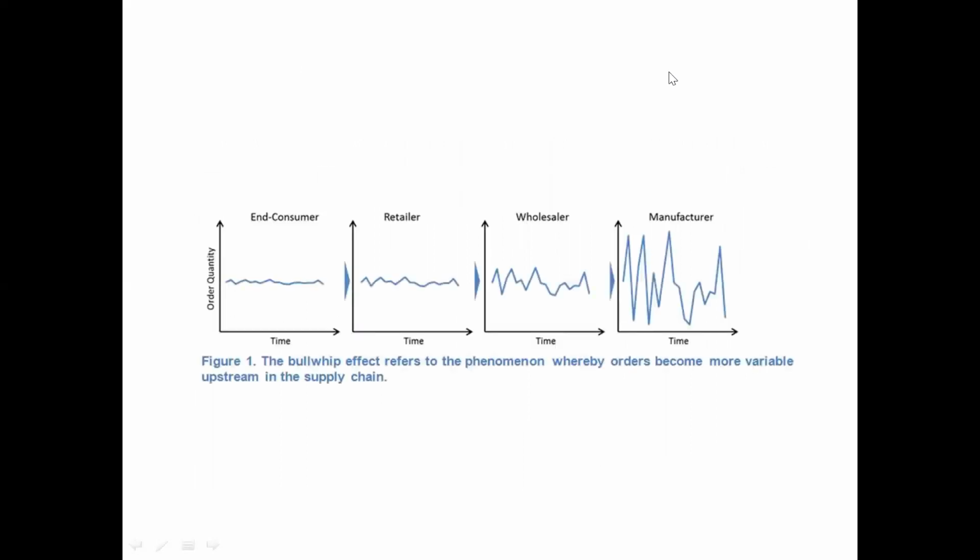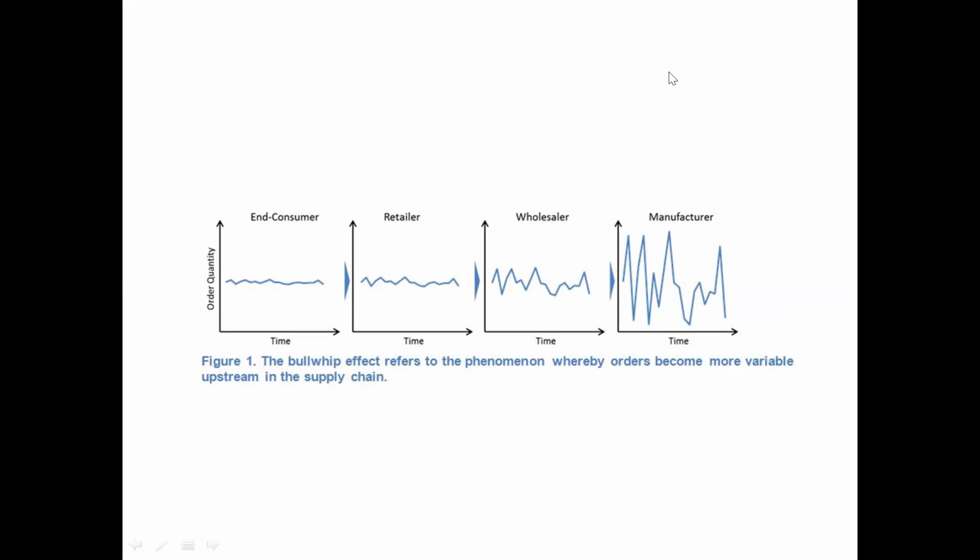So here is the depiction of that. As you can see, we move from the customer all the way to the manufacturer, that is moving up the supply chain from downstream market to the upstream market. On the customer's end, or the end consumer, there's a little bit of fluctuation that you can see along the line. That is the order quantity measured along time, and the specific time could be months, weeks, quarters, and so on.